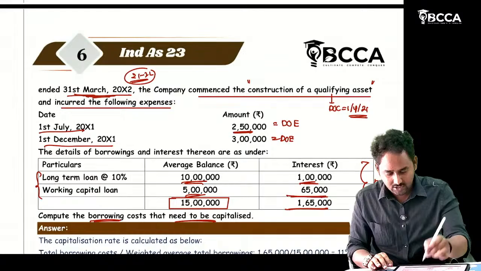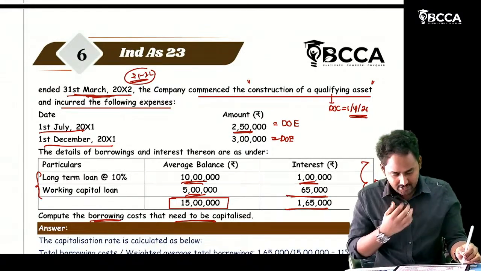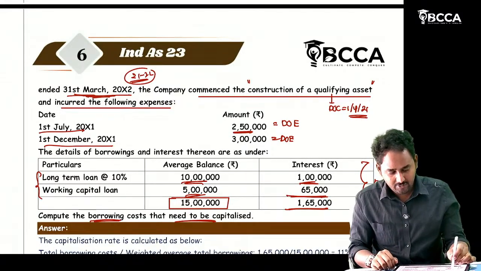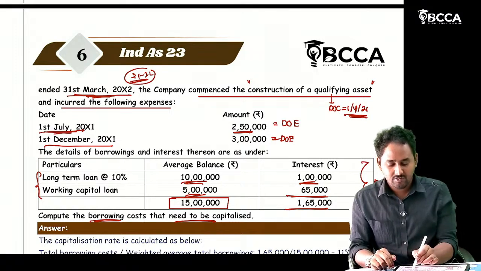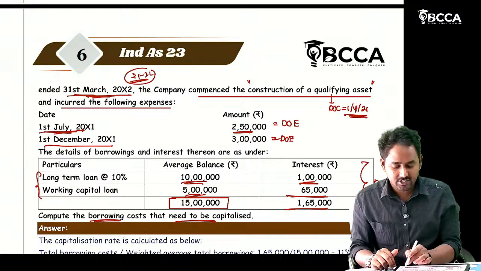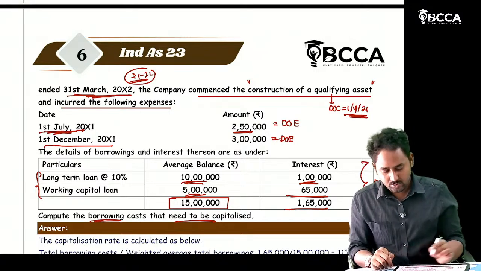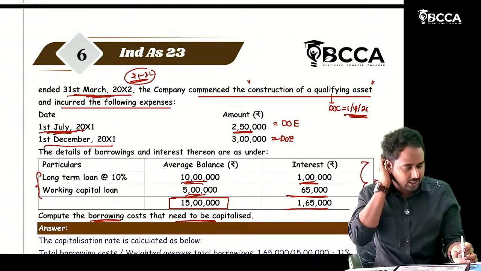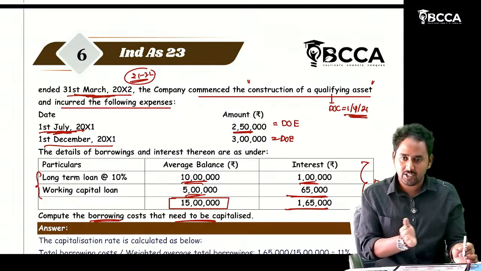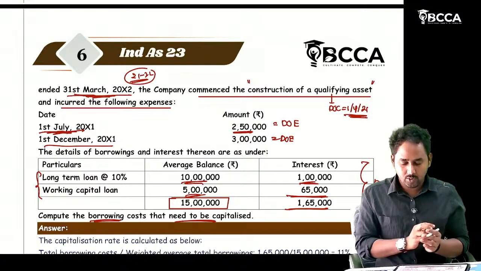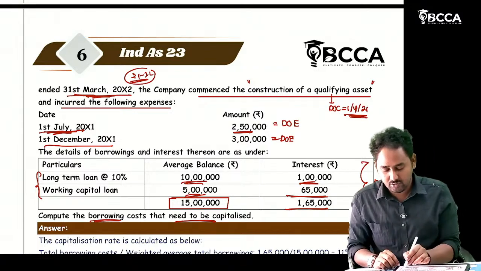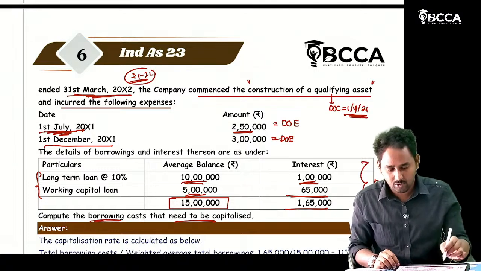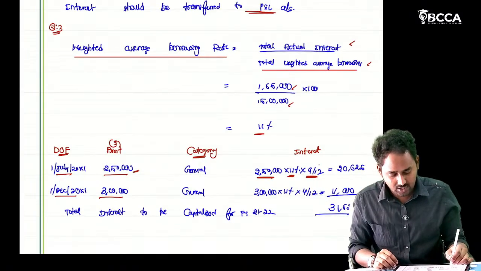The date of loan is 1/4/21, but the date of expenditure is 1st July. So it starts from 1st July, and the loan is outstanding for the entire year and the construction is also not completed during the year. So I need to calculate the interest up to the end of the year. From 1st July to 31st December, how many months? It is 9 months.